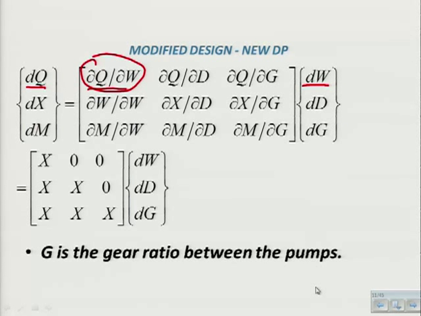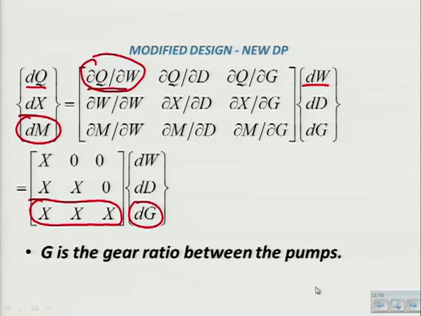So what are we looking at here, for example? That means these are all x's. That means all three of our DPs have the possibility of influencing the metering. And what's taking care of the metering is the gear ratio between the two pumps.